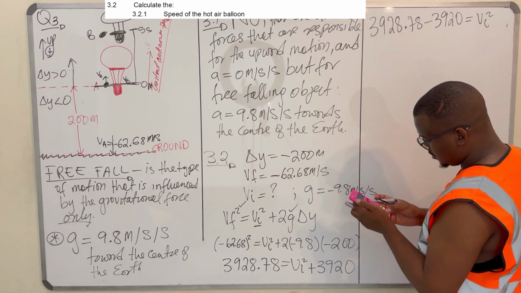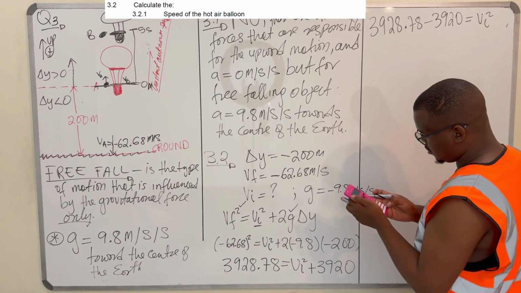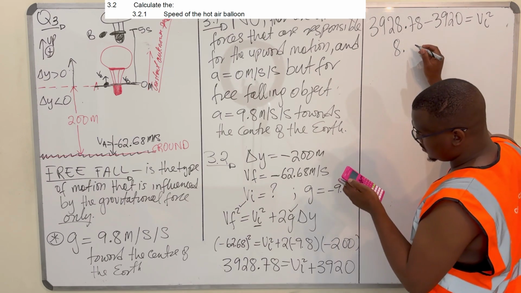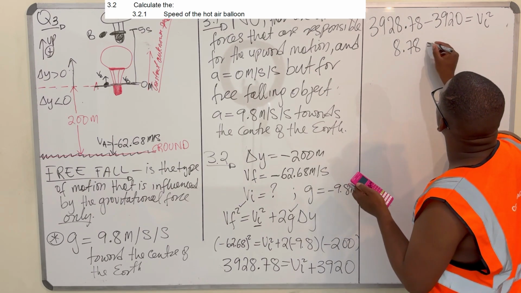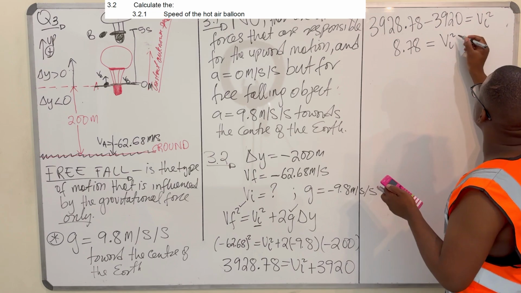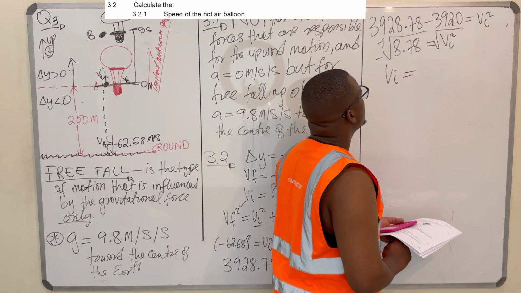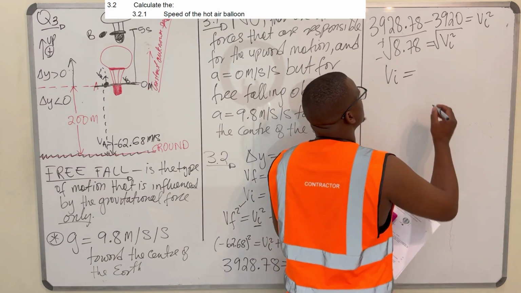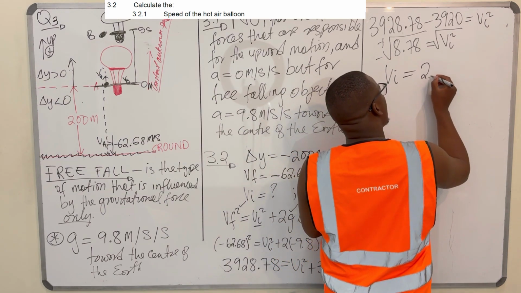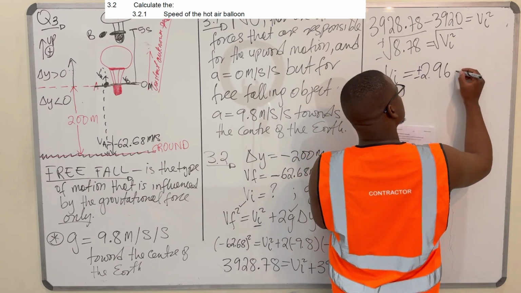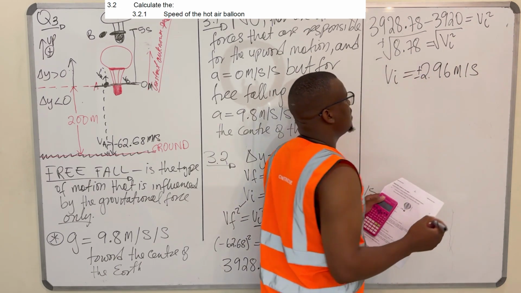This minus 3920. The answer is 8.78, which is equal to Vi squared. So your initial velocity is equal to plus or minus 2.96 meters per second, right?